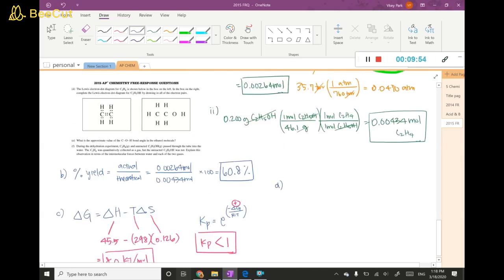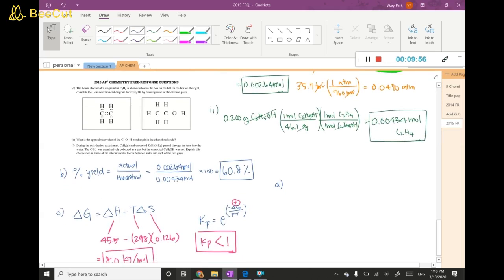So what does D say? D says the Lewis electron dot diagram for C2H4 is shown below. In the box to the right, complete the Lewis dot diagram for ethanol. Okay, so I'm actually just going to do it on the picture here itself. And all it is, I need to create at least one bond between everything, right?